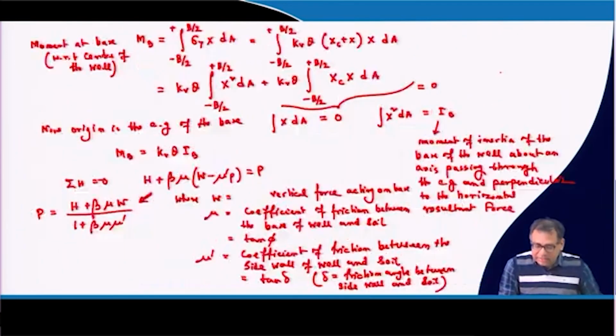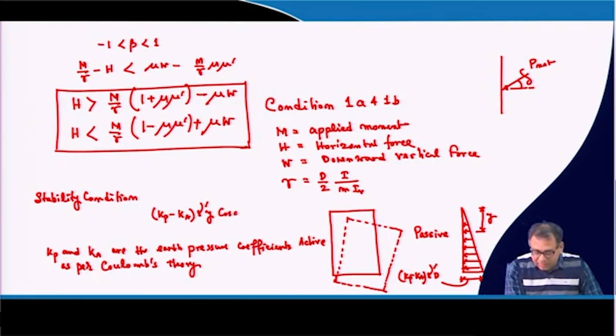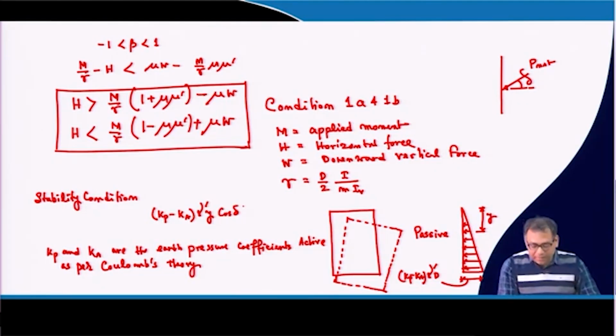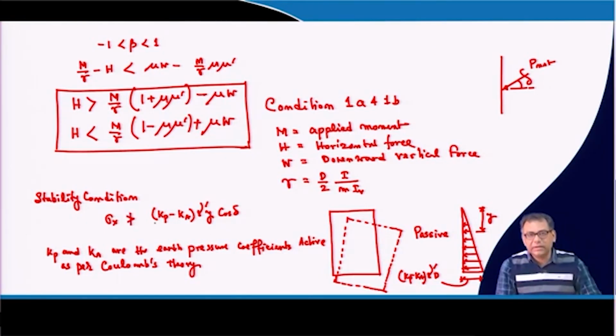In that condition, the soil resistance at a depth of y will be (Kp minus Ka) gamma dash into y, and it is acting at an angle of delta. So, the horizontal component will be cos delta. So, sigma x should not be greater than this value.